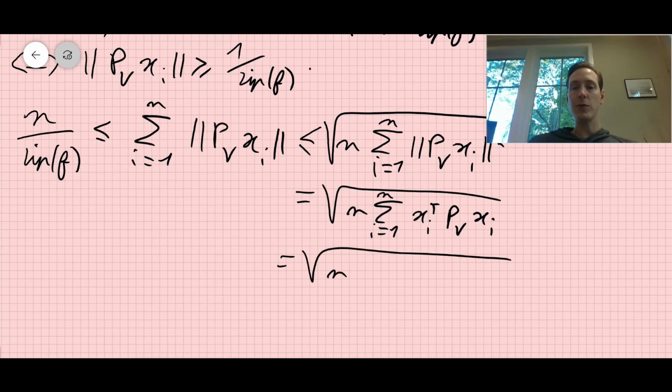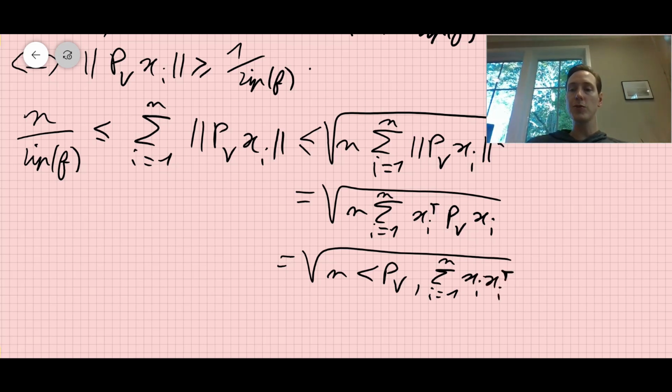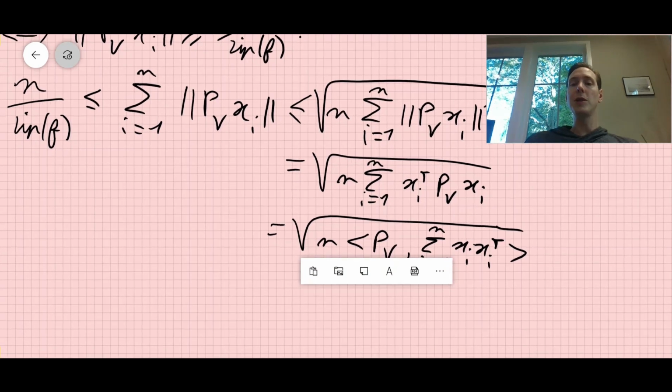So this is square root of the inner product of PV with the sum for i equals 1 to n of xi xi transpose. And now this is where this uniform distribution is going to be useful. We know that this sum of xi xi transpose is going to concentrate around a multiple of the identity.